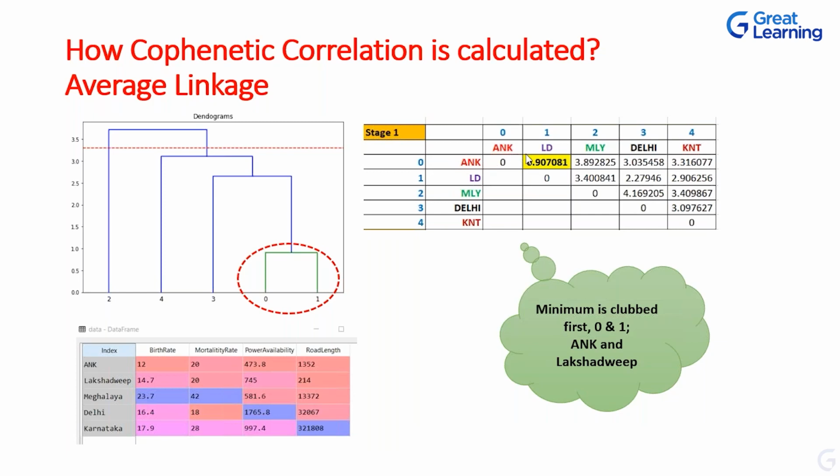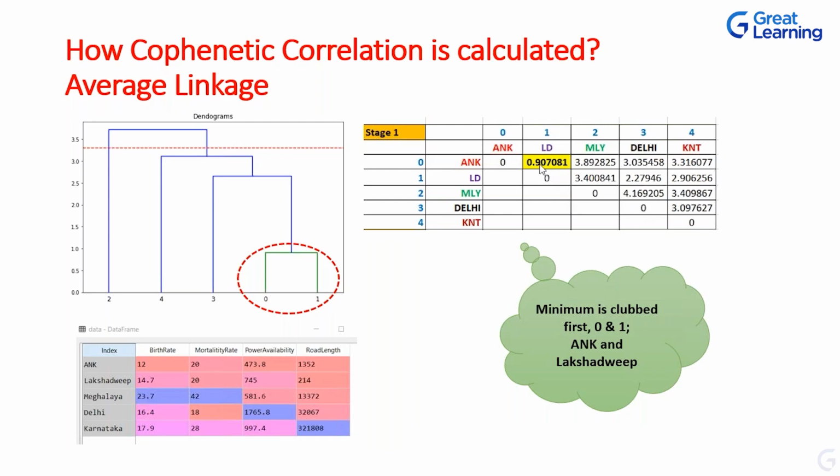Andaman Nicobar versus Andaman Nicobar 0. With regard to Lakshadweep, this. With regard to Meghalaya, this is the distance. With regard to Delhi, this is the distance. With regard to Karnataka, this is the distance. And likewise, their corresponding distances. So stage 1 is very simple. Distances after scaling of the data are presented like this.